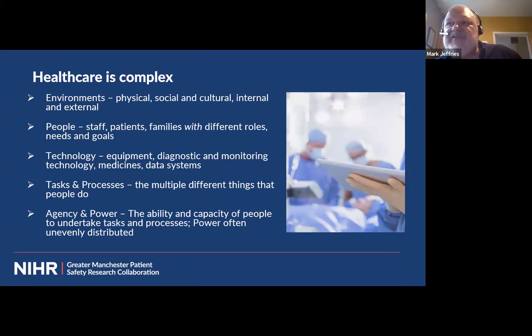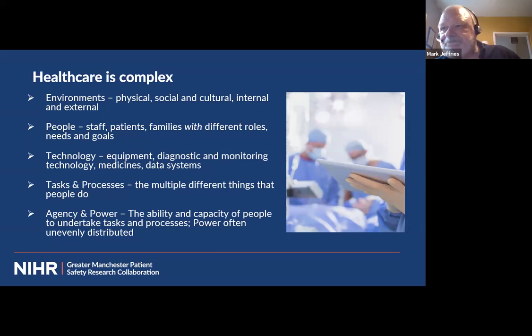There is the technology itself, and when we talk about technology, that can be as simple as a very simple piece of equipment in hospital, a thermometer, not just machines and advanced technology or information technology, but all of those things. And then the various tasks and processes that people do.